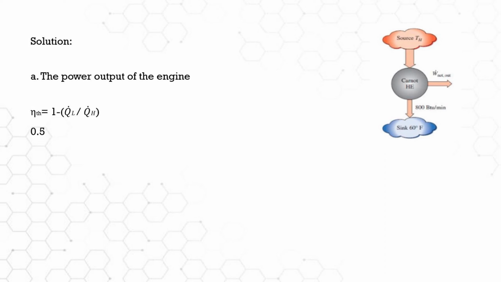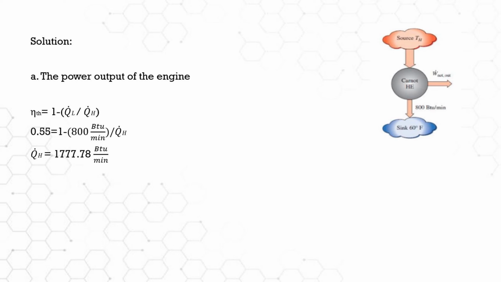Plugging in the values, we have 0.55 equals 1 minus 800 British thermal unit per minute over the amount of heat supplied to the engine. So we have 1777.78 British thermal unit per minute as our heat supplied to the engine.